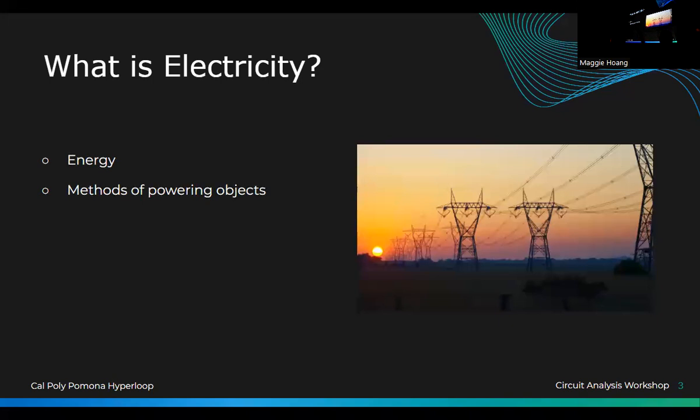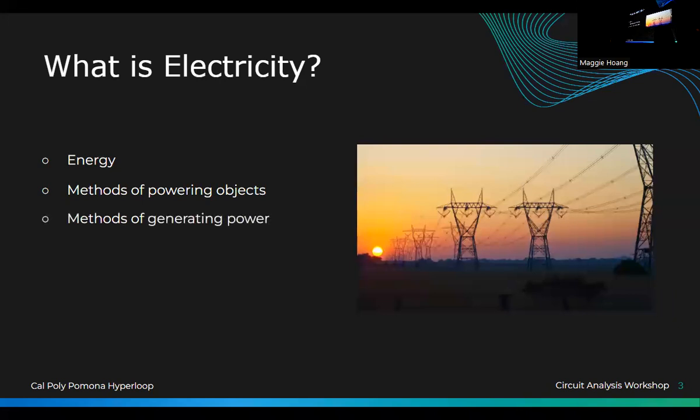Like this projector is powering our slides. Your phones have power, the outlets, they're all power. If we don't have power today, we'll be watching this on a piece of paper, the blackboard, and candles and everything.